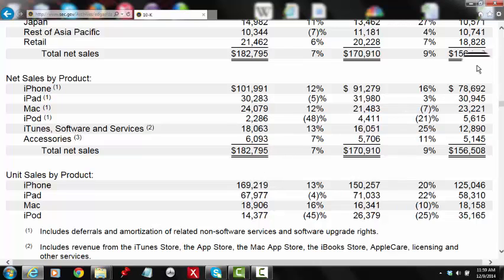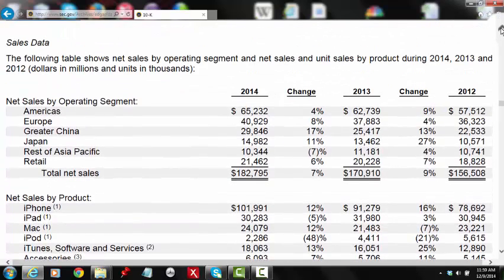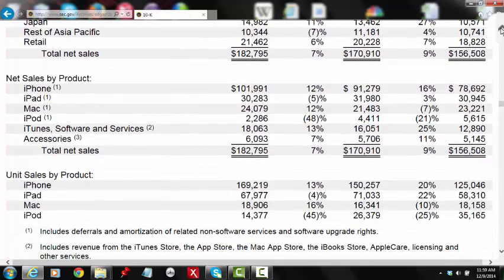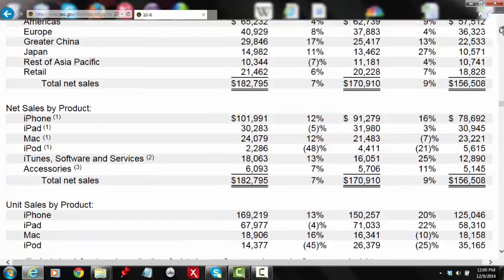Then here they're saying unit products, so that means the company sold about 169,219 iPhones. Sorry, unit is in thousands. I'm really sorry. So the company has sold around 169.2 million iPhones in 2014. That's a 13% increase. Now, if you look at the product, it's 12%. So this shows that the unit price increase is not much. Actually, the unit price is a little bit declining.